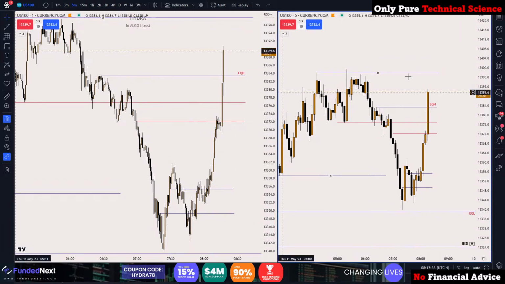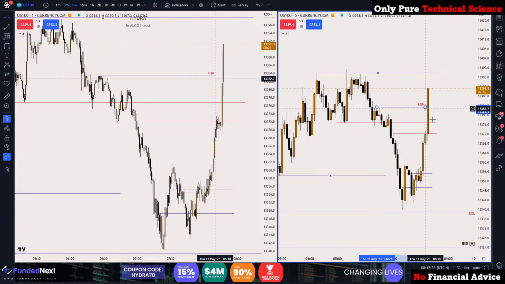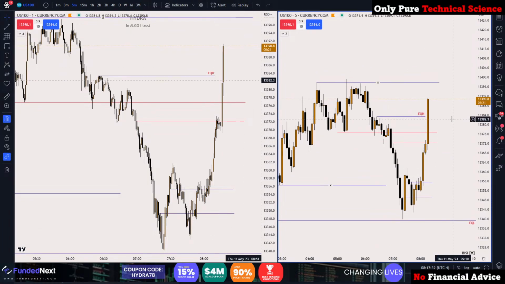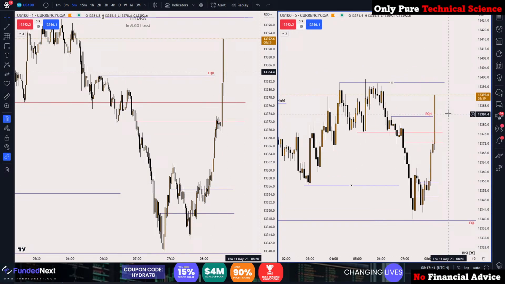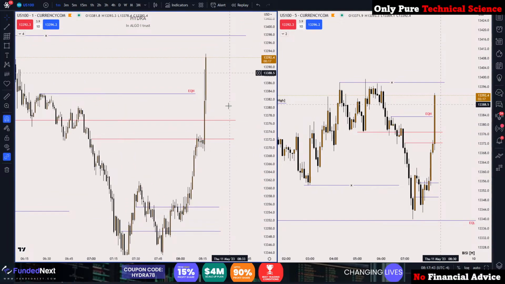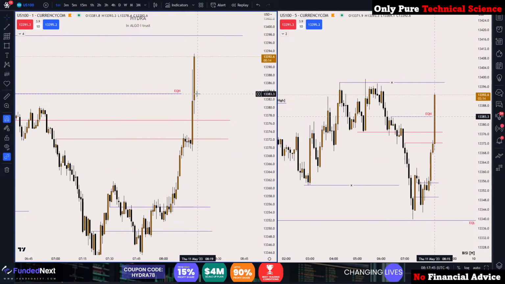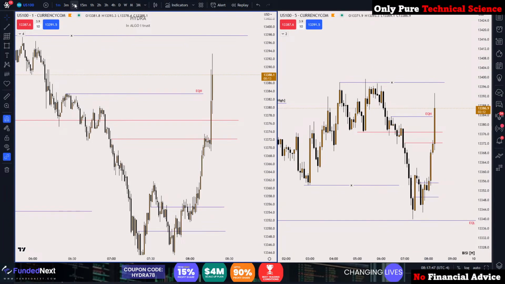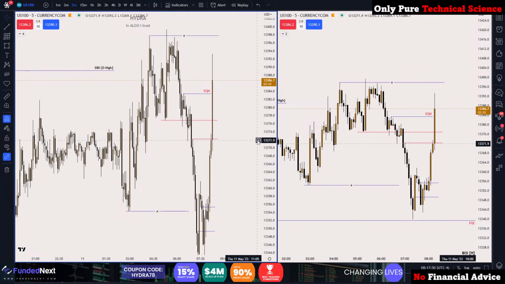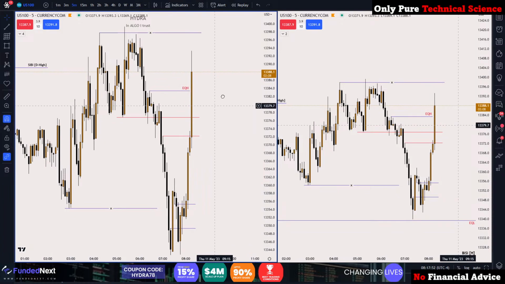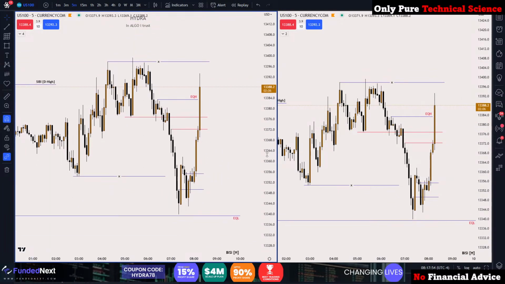So price cleared out relative equal high here, and now let's see where price is providing liquidity. It's aggressively providing liquidity towards the buy side. There was no setup that we could have taken or be part in this news movement.